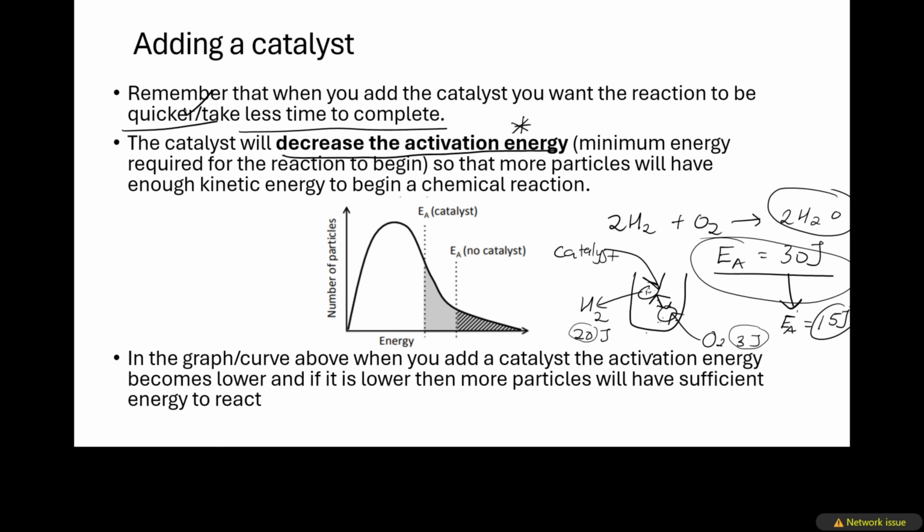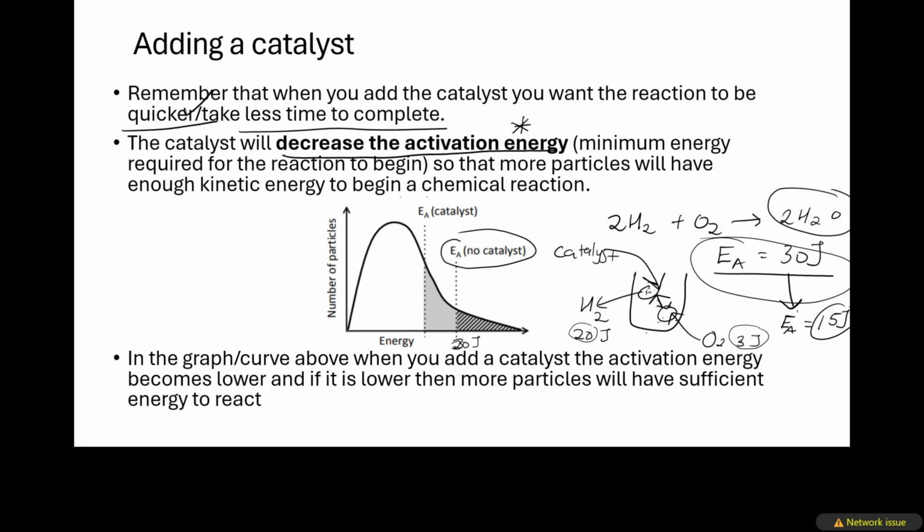So when you are representing that on a Maxwell-Boltzmann curve, you are going to represent it here. When you've got no catalyst, can you see that the activation energy is high at this point? Remember, on the x-axis, as you go from left to right, you are increasing your values. So let's just say the activation energy is 30 joules, as our example says for water.